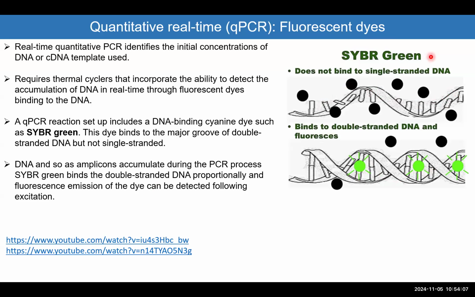For example, SYBR Green, which is the cheapest and you can find in every lab, binds only to double-stranded DNA. But be careful with this particular information: the binding of the SYBR to the double-stranded DNA happens while we are generating the PCR.